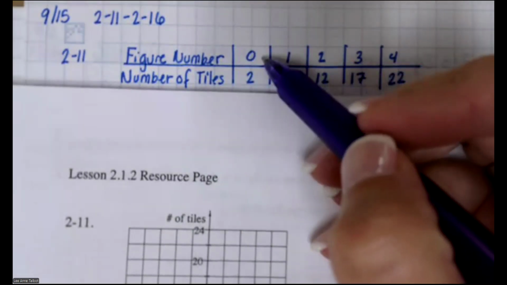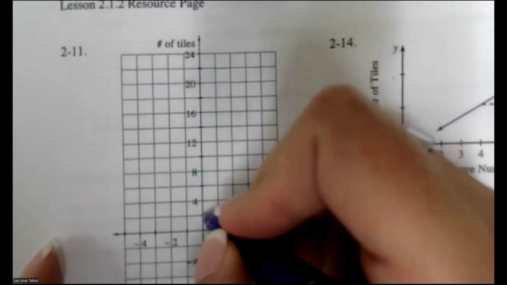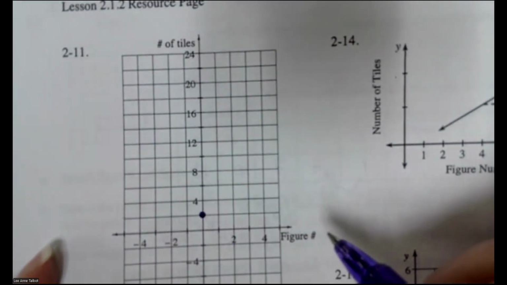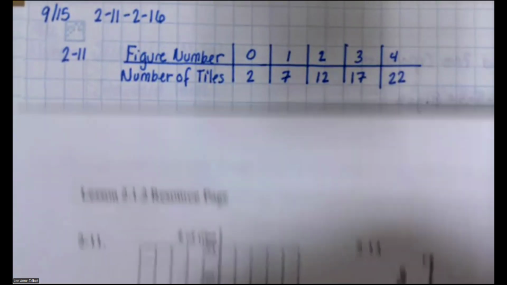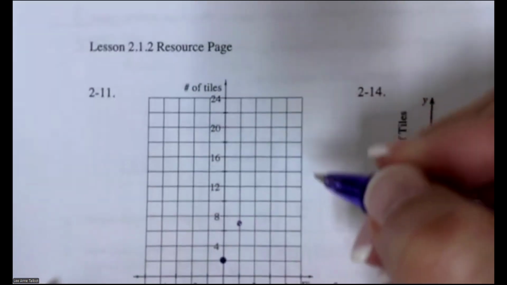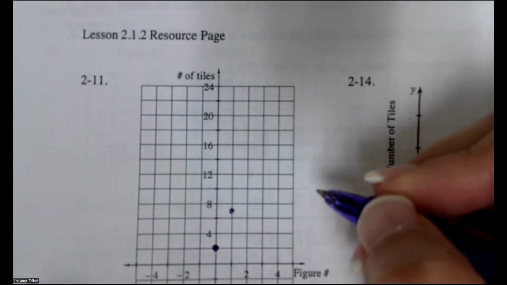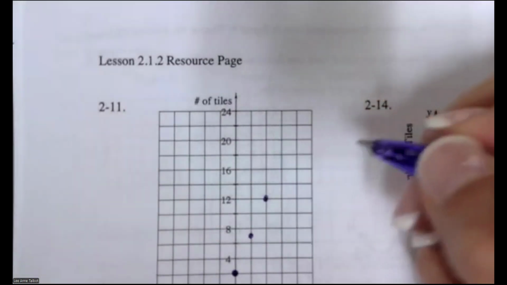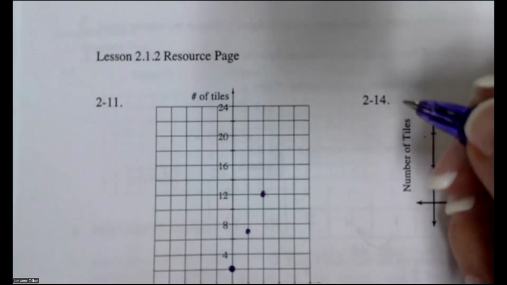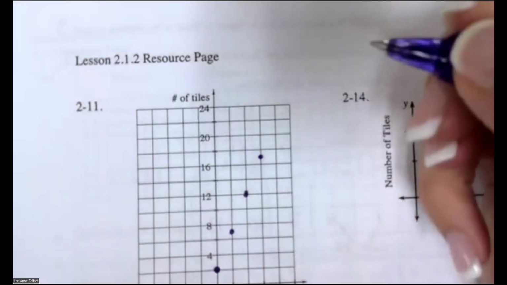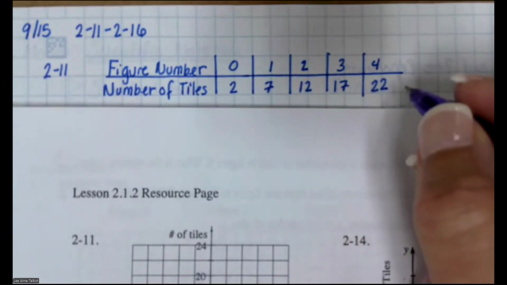Okay, so 0, 2 is right there. 1, 7. 2, 12. 3, 17. 4, 22.